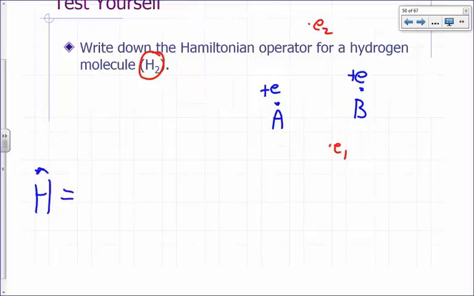Kinetic energy of each one. So call it out for me. First one, kinetic energy of nucleus A, T hat A, plus kinetic energy of nucleus B, T hat B, plus. We still have kinetic energies. We have two more particles.